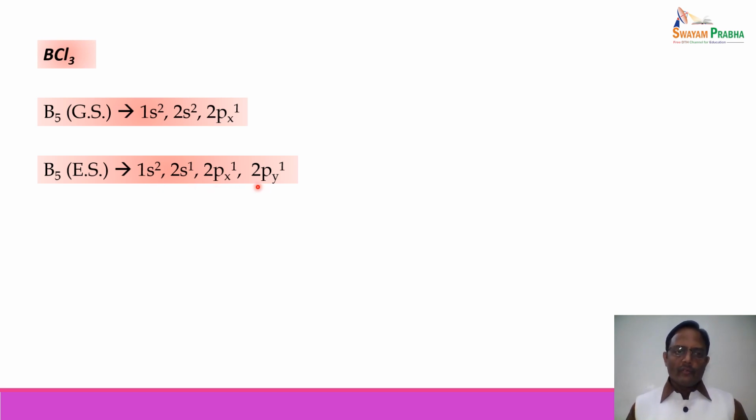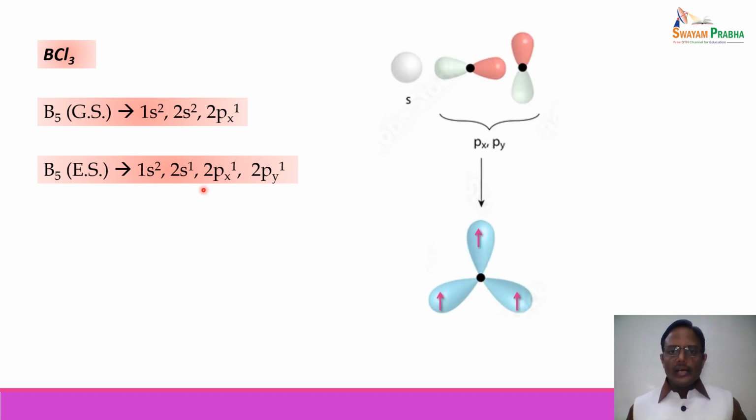In this case the electron jumps from 2s to 2py, and hence it has electronic configuration 1s2, 2s1, 2px1, 2py1. Now these three orbitals have unpaired electrons and they can form bonds, but first they will undergo hybridization, in a way that one s orbital and the px and py orbitals mix together and form three hybrid orbitals, each containing an unpaired electron. All of them are called sp2 hybrid orbitals, and they are arranged in a trigonal planar fashion.